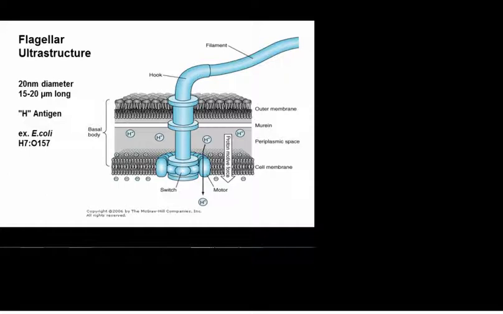H is for heat, because the antigen is denatured if you heat it up. Okay, so it's protein, it'll be denatured. Whereas the O antigen and the K antigen are heat resistant. So if you have a strain of E. coli, H7 O157, this is the serotype of the flagellum, and this is the serotype of the capsule antigen.